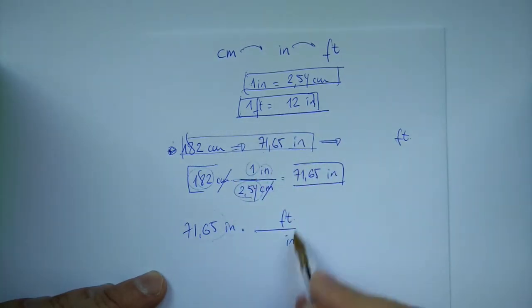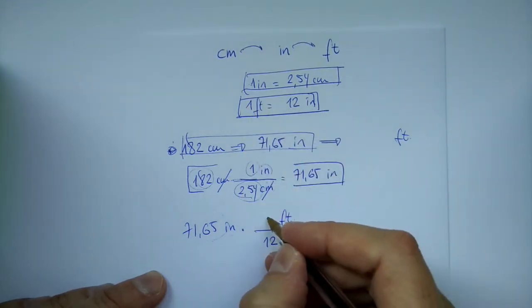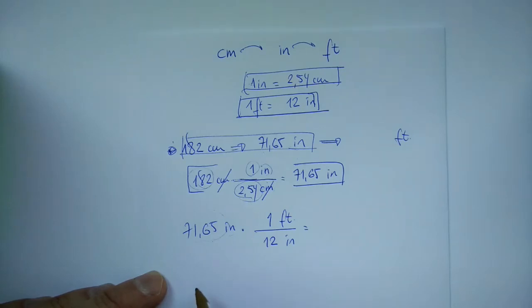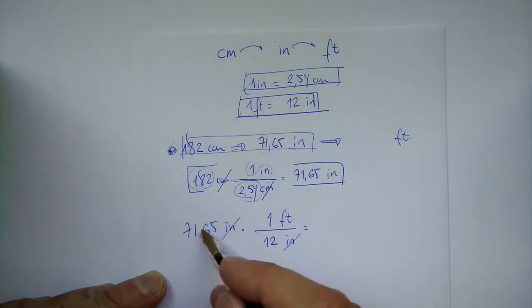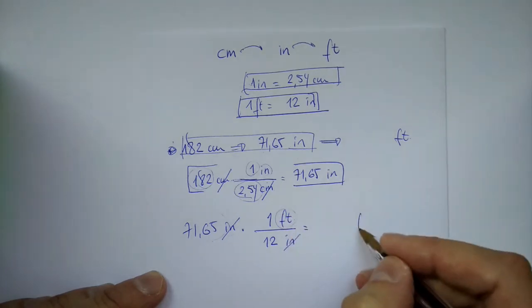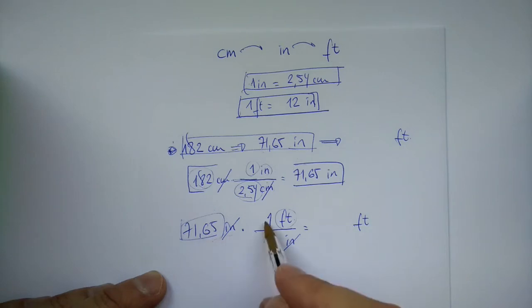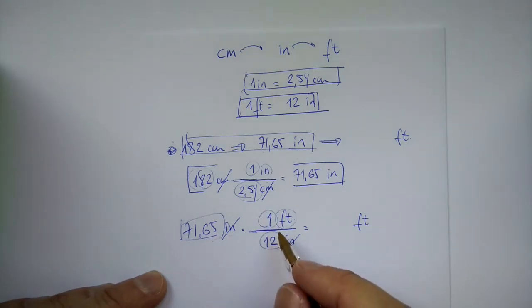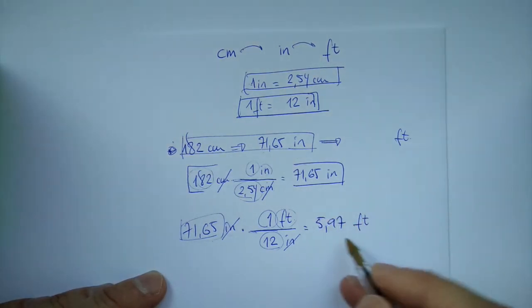So I put 12 inches in the denominator, and I put 1 foot in the numerator because 1 foot is 12 inches. The inches will cancel out, and we are left with feet. So we will multiply 71.65 inches times 1 and divide it by 12, and we are left with 5.97 feet.